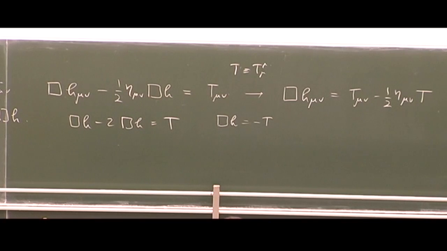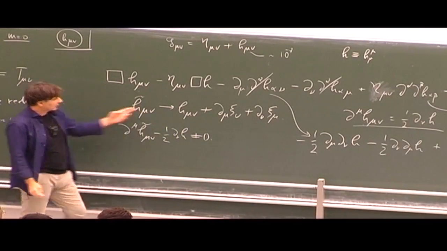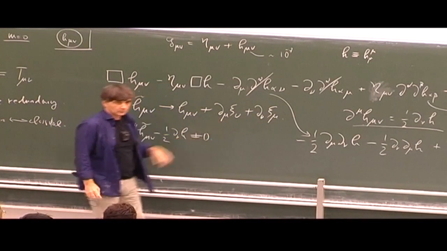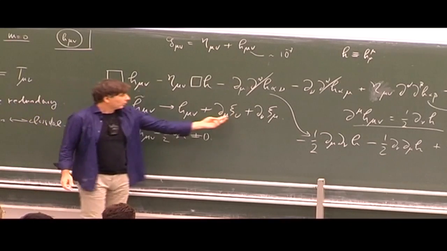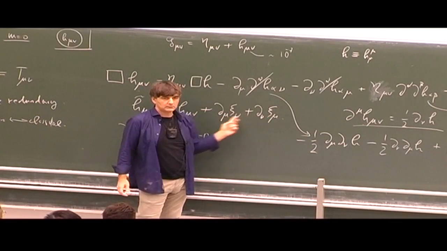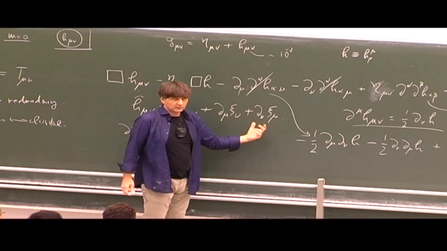You can check that if, let's say, the original h doesn't satisfy this gauge, which means that for the original one, this object is non-zero, I can do a transformation with this parameter and see whether I can always choose the parameter in such a way as to satisfy this equation for the transformed h.